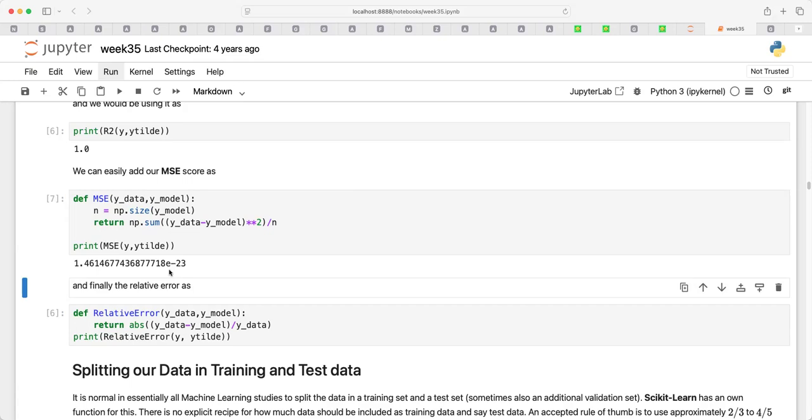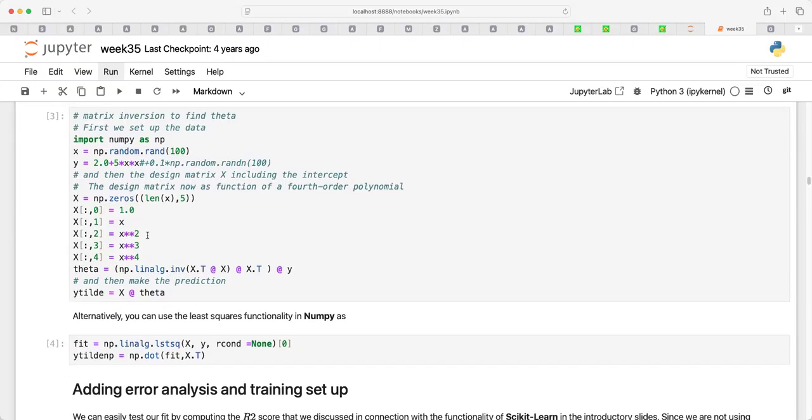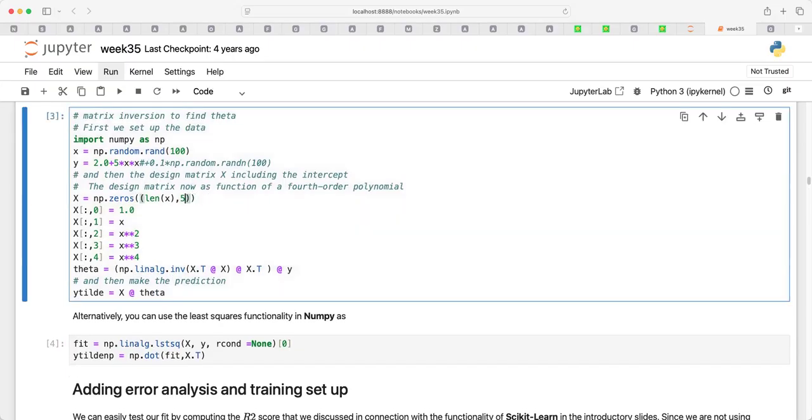Now you're going to see something a little bit different. If I now change this to a second order polynomial, then I'm just going to have 3 columns. So I'm doing this a little bit manually here. And then I repeat it.